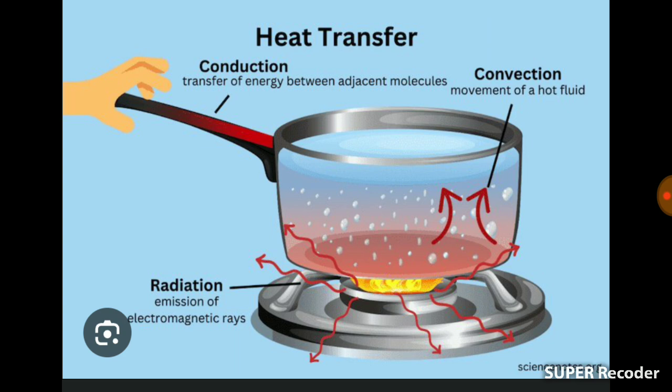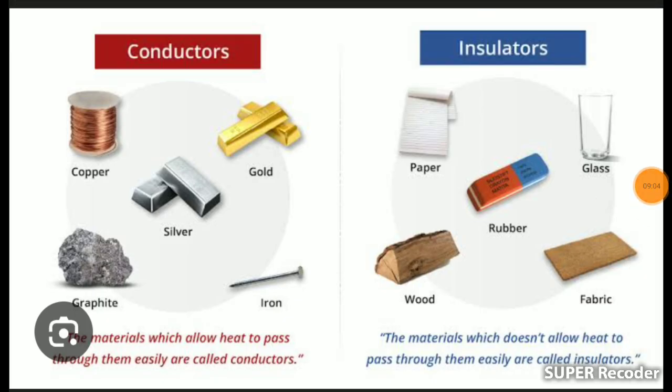Now we will study about good conductors and bad conductors. On the monitor you will see that some are good conductors and some are bad conductors. The materials or substances which allow heat to pass through them easily are called good conductors of heat.